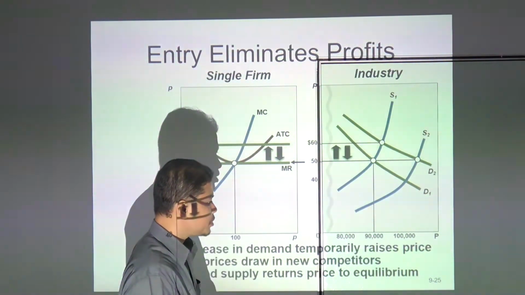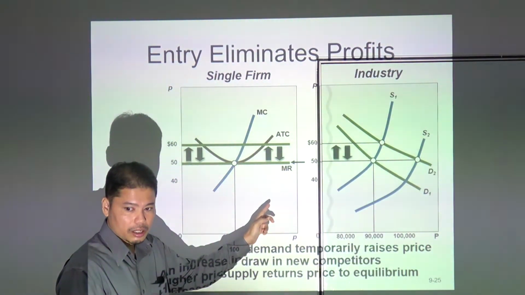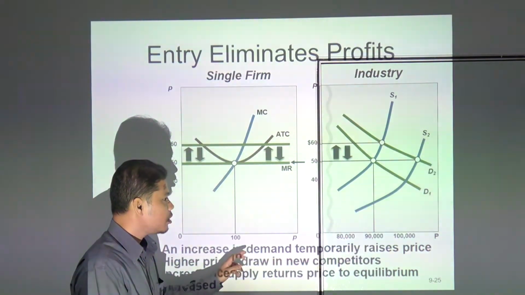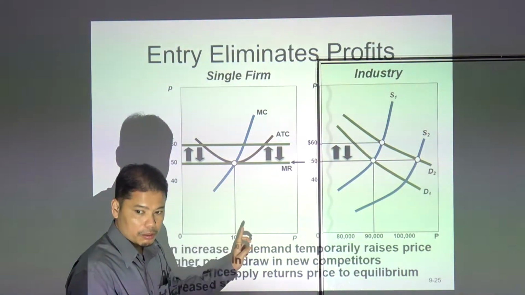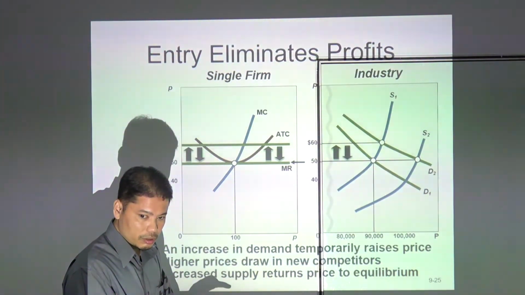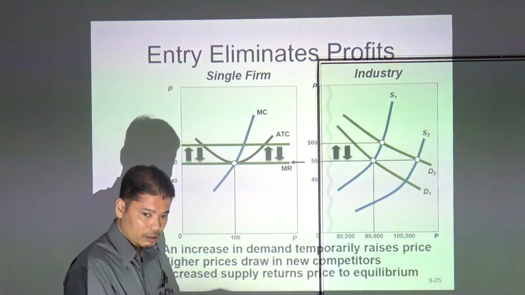At $50, the firm is just breaking even: price is equal to average total cost. We are starting our analysis at zero economic profit, which is equivalent to normal profit and the break-even point. They are all the same.